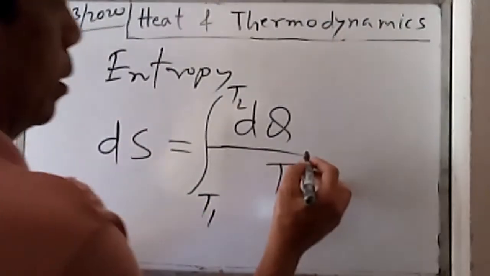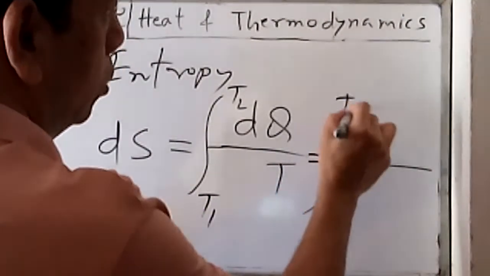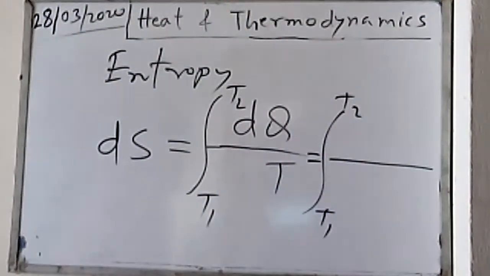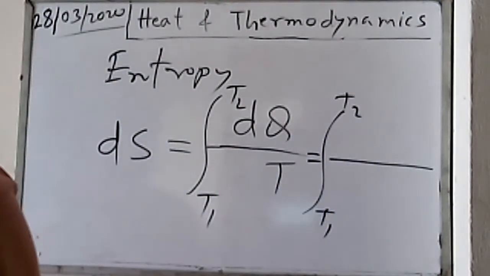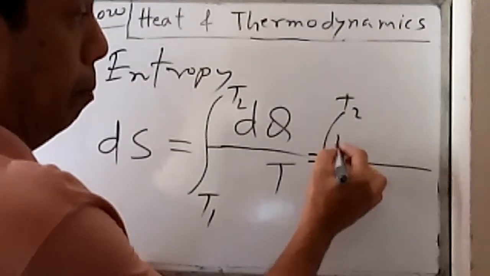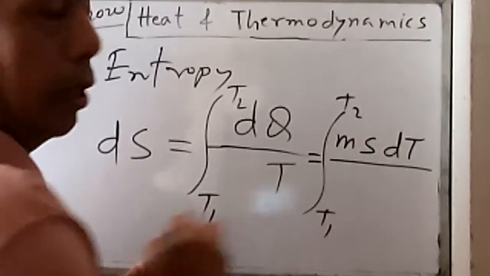Now T1, T2, dQ means change in heat energy, and heat energy means mass into specific heat into temperature change.